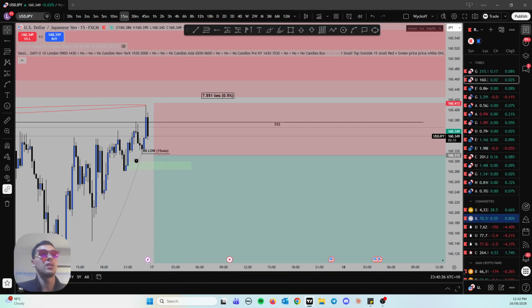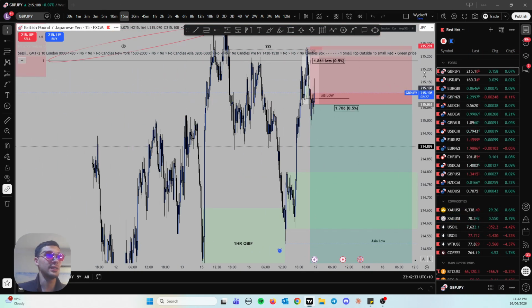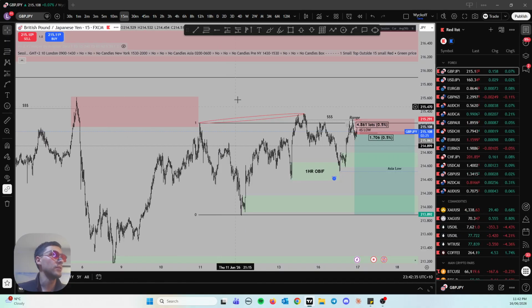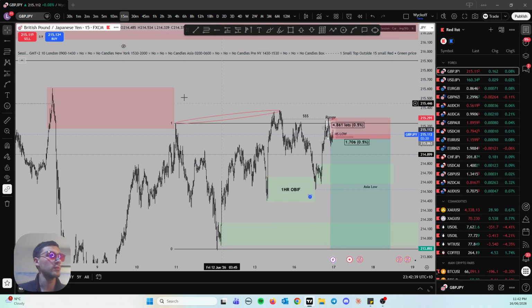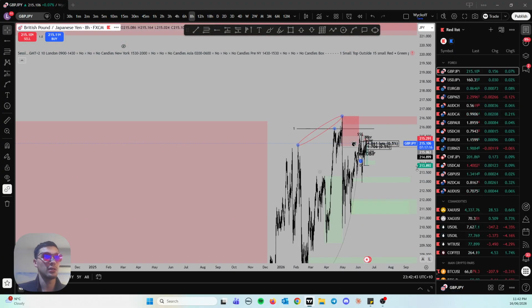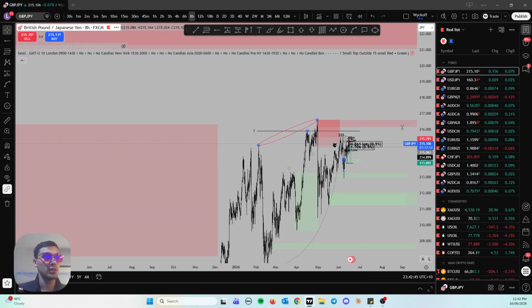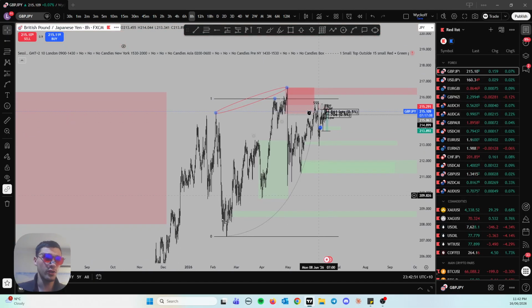The other pair that I want to really emphasize, which looks fairly similar, or at least it did at the time, GBP JPY. So same thing, high time frame context. We have a confirmed model 1, tap 1, tap 2, tap 3, all higher than the previous. Return to zone, you can already see this is beautiful.